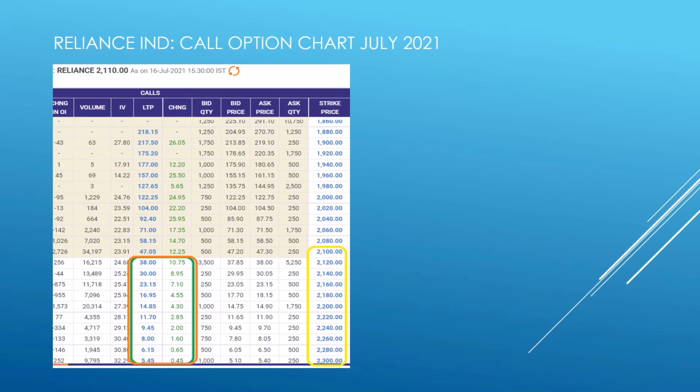So now you can see the 2120 strike price call option is closed at 38 points, and it is up by 10.75 rupees. And you can see there are call options for higher strike prices like 2140, 2160, 2180, 2200, but the price of those call options seems to be even lesser.